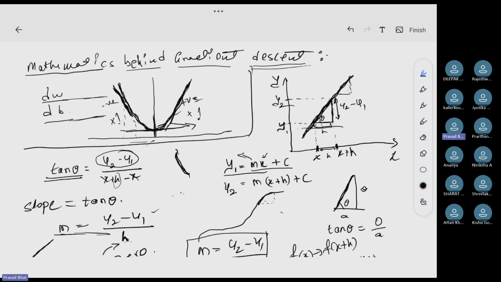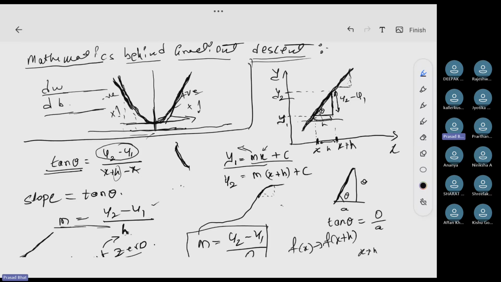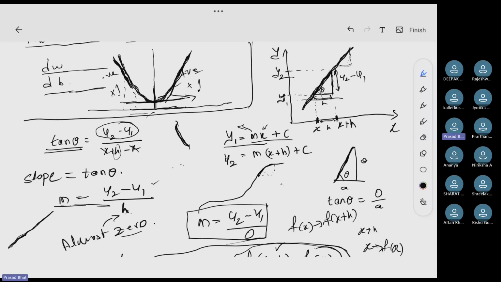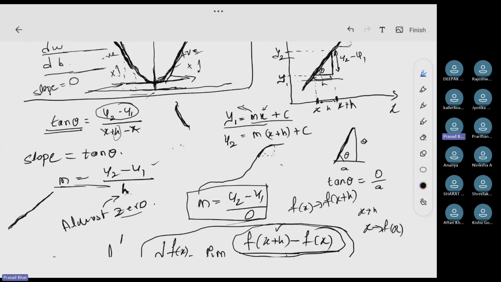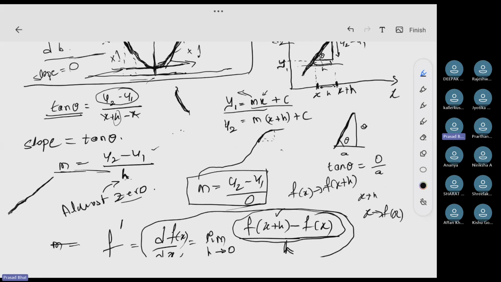Completely flat means it is parallel to the x-axis, and at this point the slope of the line is equal to 0. It is lying flat. There is no elevation or depression. Make sense? This is the point where the slope becomes 0. This is the point where MSE is also least, very low compared to all other points. And the idea of gradient descent is to find out this particular point.